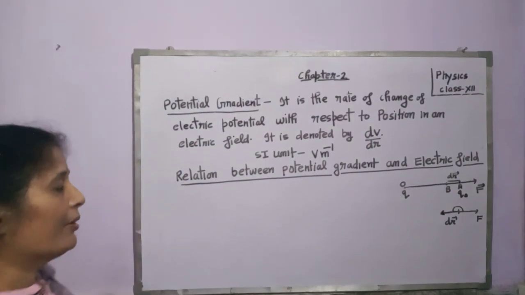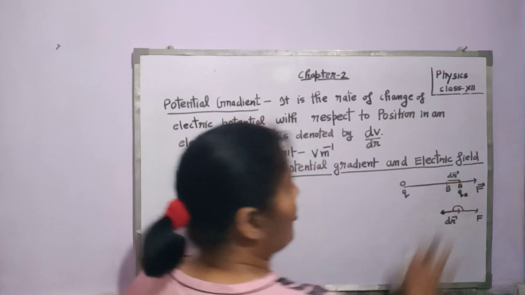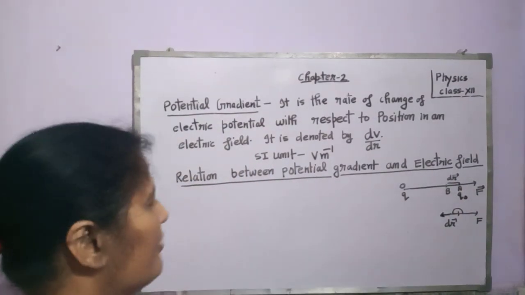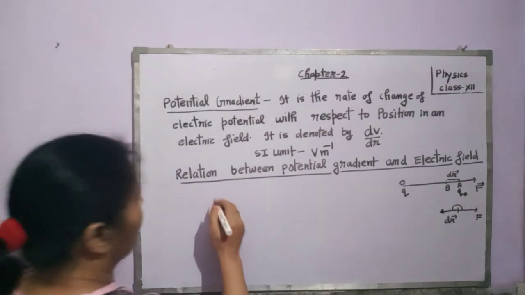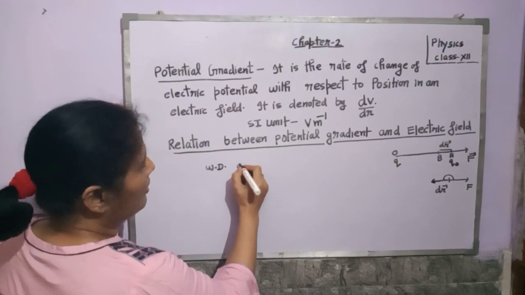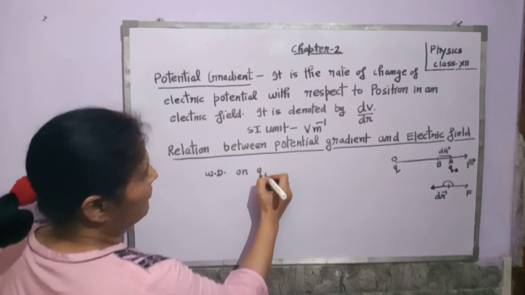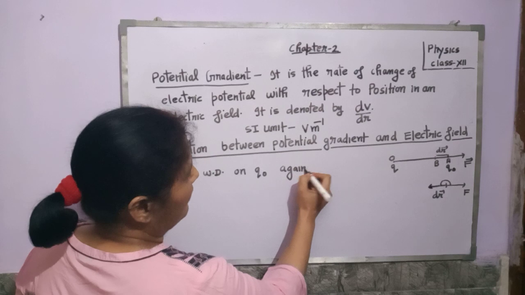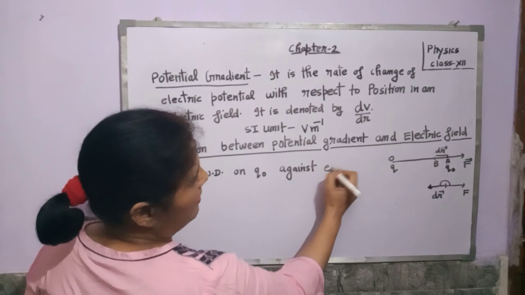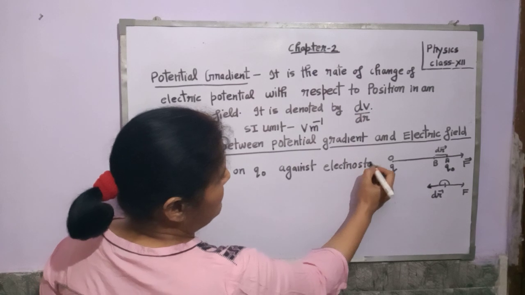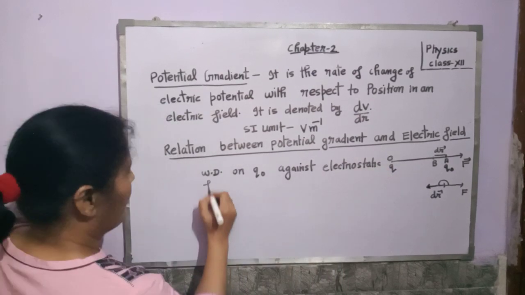Now we can write here, because the distance is small, therefore small work is done in moving the charge. We can see here the work done on Q naught against which force? Against the electrostatic force.